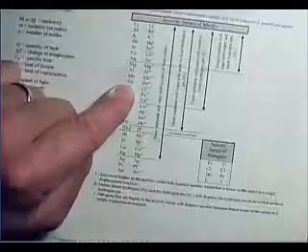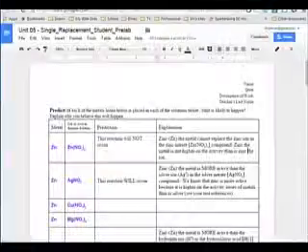What's the first column? Zinc, that's the metals. Okay? So in order for zinc to replace something, it's got to be higher. Not the same level, higher. So zinc won't replace zinc. That make sense? Okay. It's really pretty simple. If it's not higher, it doesn't replace.